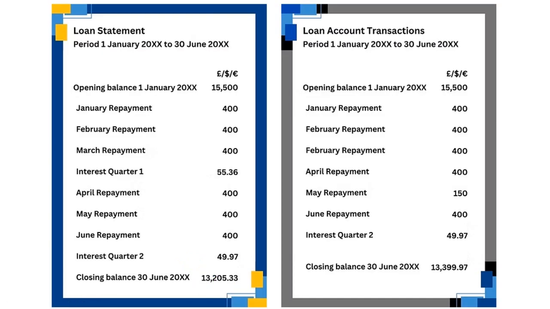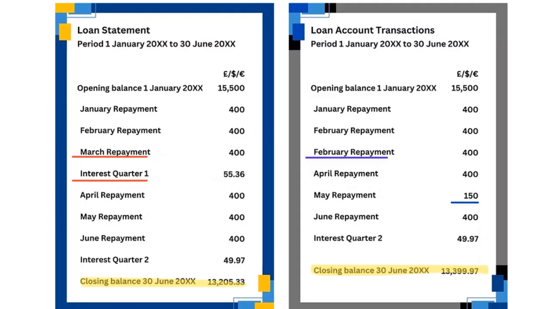And if the closing balances match, that is a very positive sign that the accounting records are in agreement or are identical to the statement. That's what we're trying to achieve.